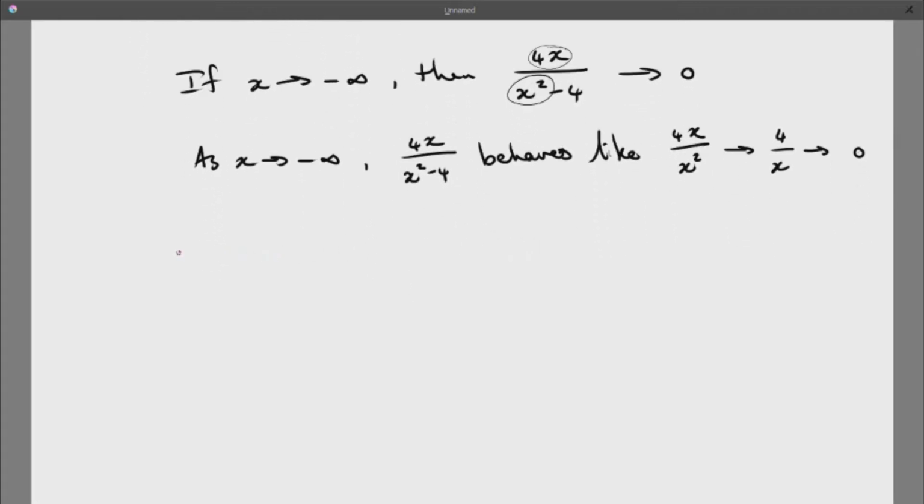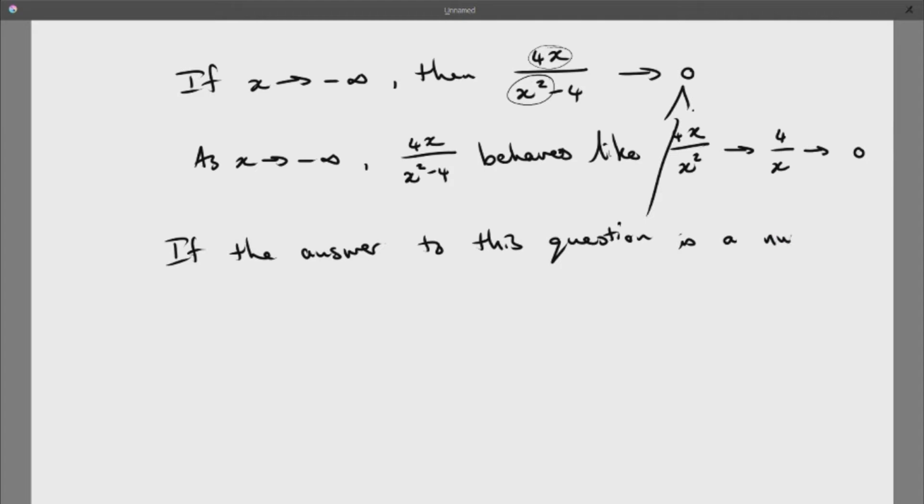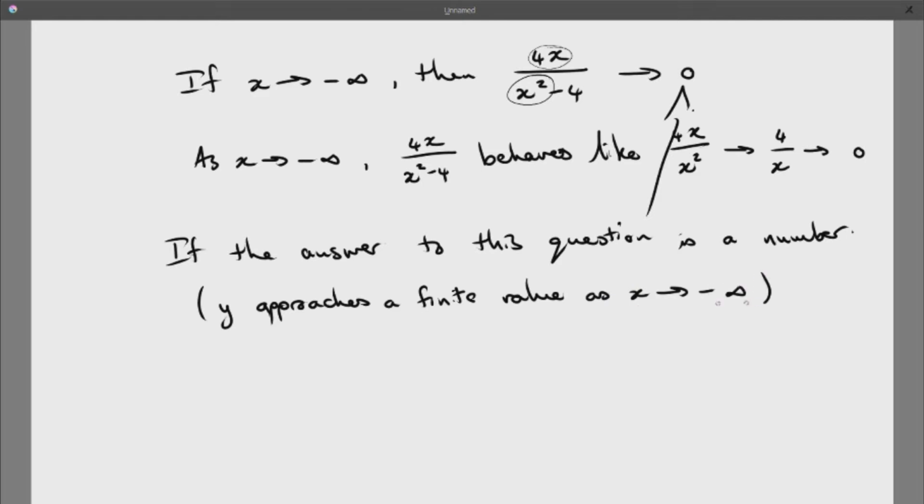So let's just say if the answer to this question, meaning the answer that I get there, if that is a number, that means that my y value, or my function value, approaches, let's say, a finite value as x behaves however it behaves. Finite value.